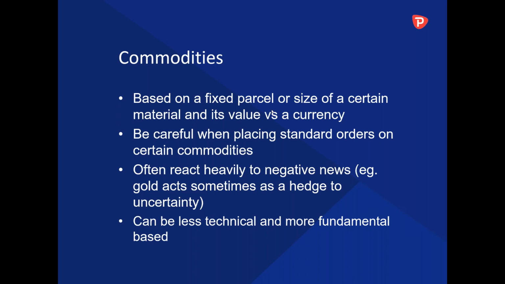Now, the one thing I will state is that often these will move heavily off fundamental decisions. So if something does happen, like I said, war tensions or something financially is going wrong, maybe in a different area of the world, they can move incredibly quickly.